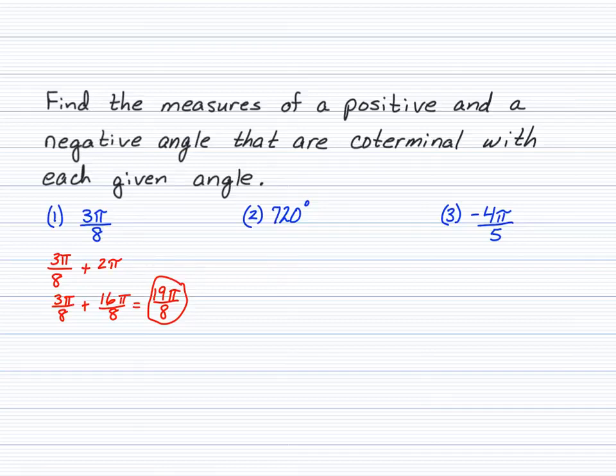All right, so now if we take 3 pi over 8 and subtract 2 pi, which was our 16 pi over 8, what that gives us is negative 13 pi over 8. That gives us one positive and one negative coterminal angle.